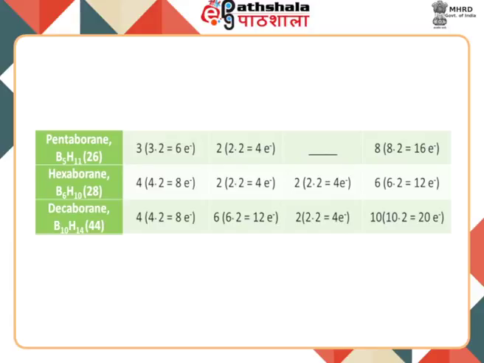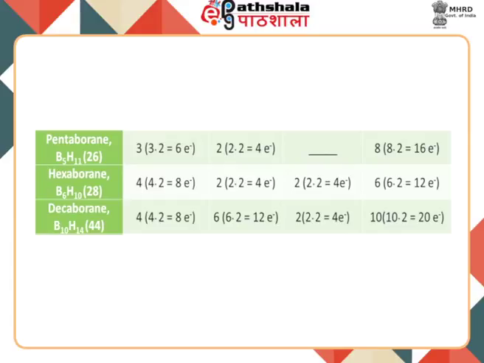In pentaborane, B5H9, there are 4 BHB bonds and 1 BBB bond. In pentaborane, that is B5H11, there are 3 BHB bonds and 2 BBB bonds.